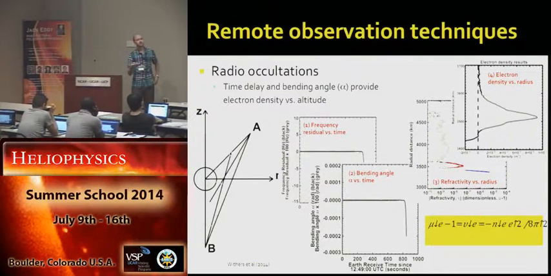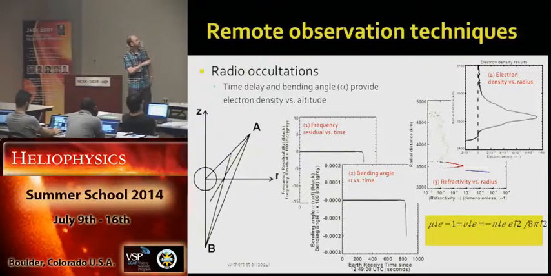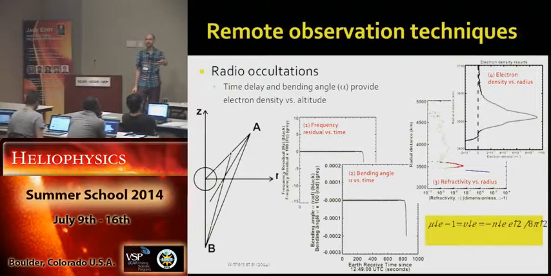The first and most common is radio occultations. So these have been used ever since the 1960s for basically every spacecraft that's gone to a planet, and they're still used today. Briefly, what happens in a radio occultation is here's a spacecraft, here's a planet, here's Earth. Spacecraft is transmitting a radio signal to Earth, and as it moves behind the planet, it's occulted by the atmosphere.